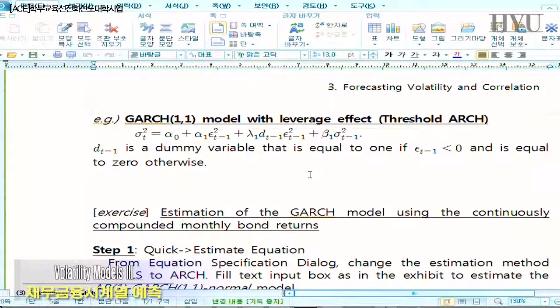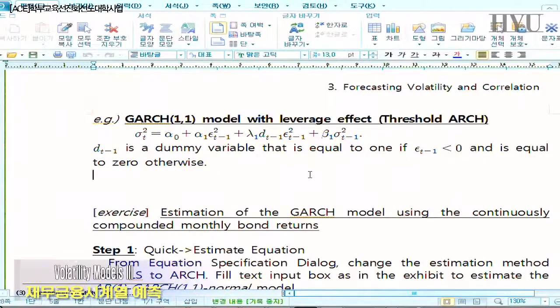Sometimes you may think that volatility moves before and after the 1997 currency crisis, so maybe there is some kind of shift.